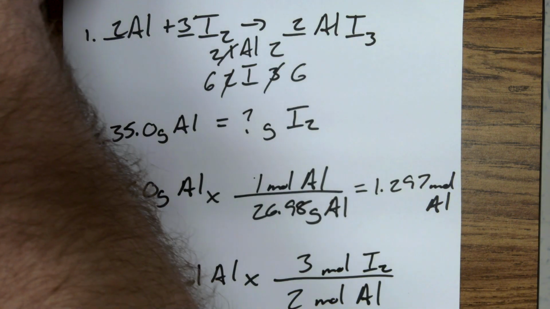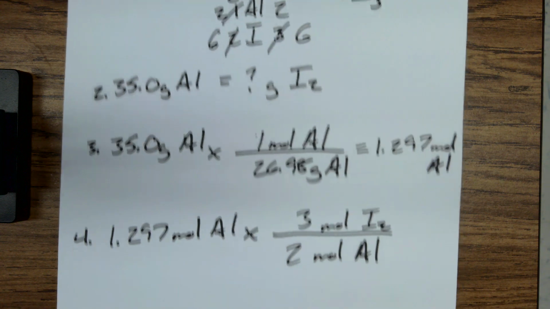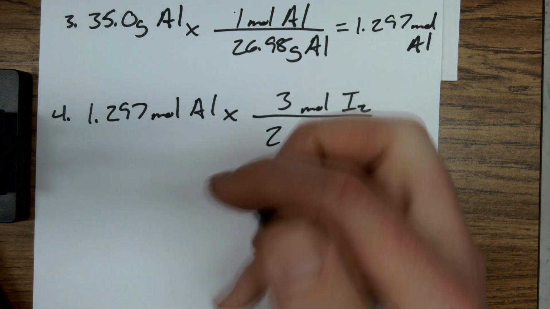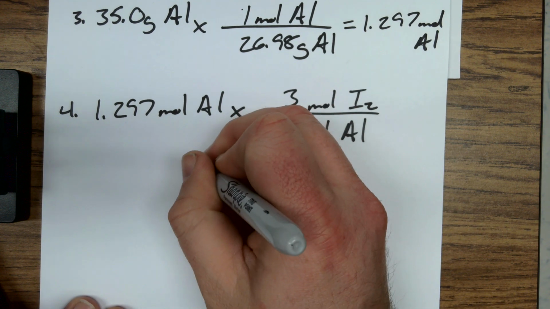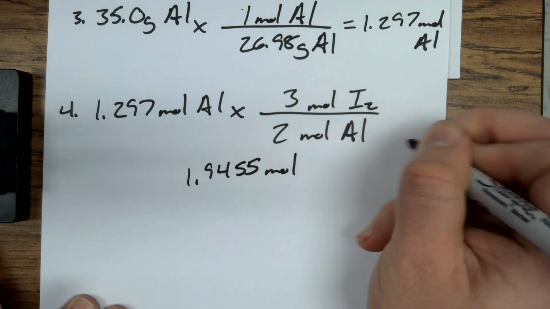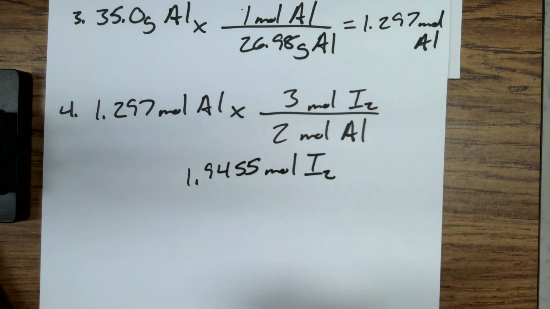So I take my handy-dandy calculator. I multiply my 1.297 times 3. I then divide that by 2. Gives me 1.9455 moles iodine.